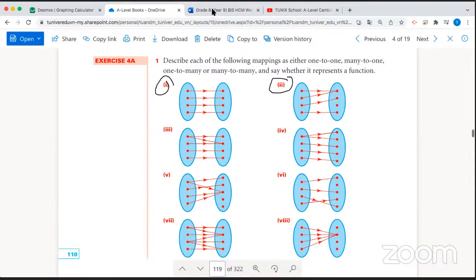f of x, oh, f of square root of x, okay. So actually, x equals square root of x. This is many to one.